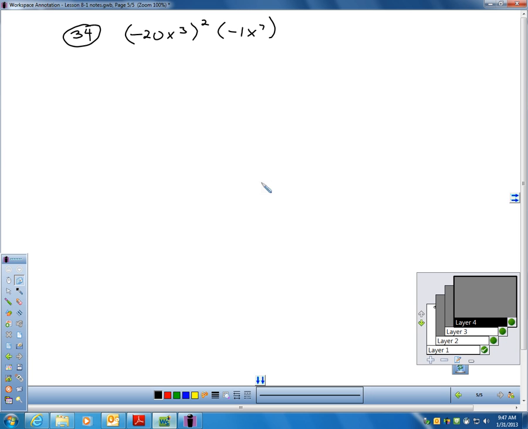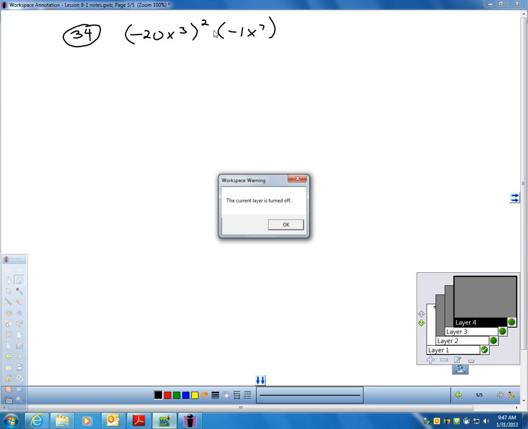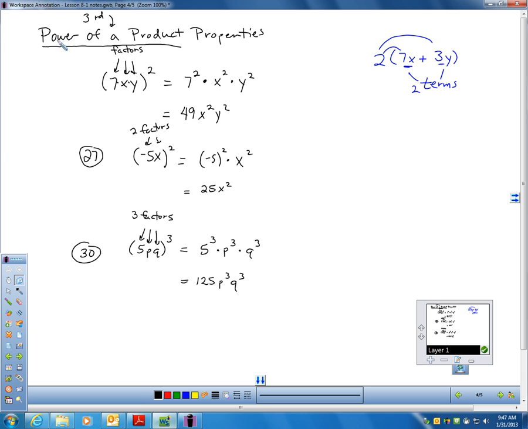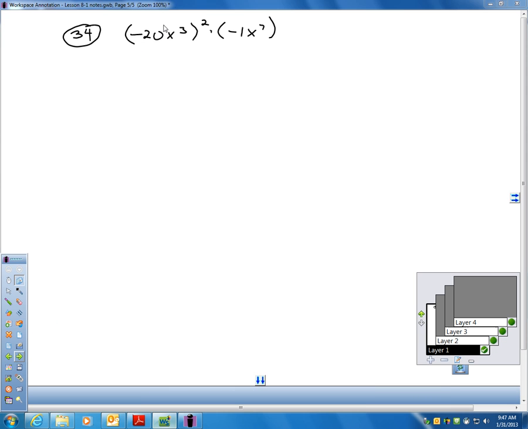Look at number 34. 34, they want us to simplify the expression, and it's negative 20x cubed squared times negative 1 times x to the 7th. Okay, so here, first of all, right here, I have to apply the property we just learned, the power of a product. Because do you see how I have a product in here?